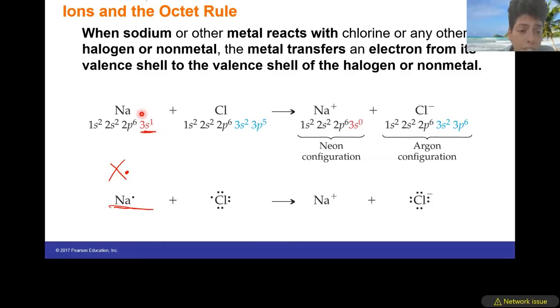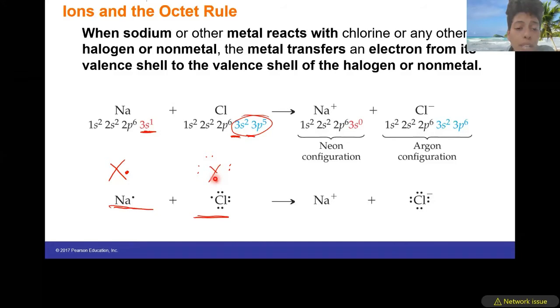And here's that 3s1 electron that it's going to donate to our chlorine atom, whose valence electrons are 3s2, 3p5. It has 7. Notice that in our little Lewis structure, it's got 7. And sodium is going to donate that electron to the chlorine atom.